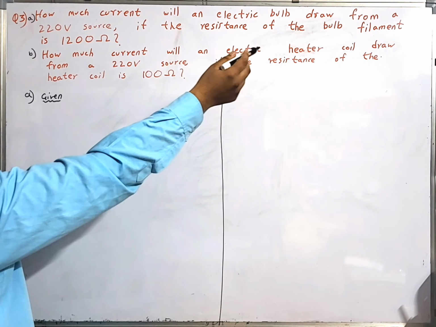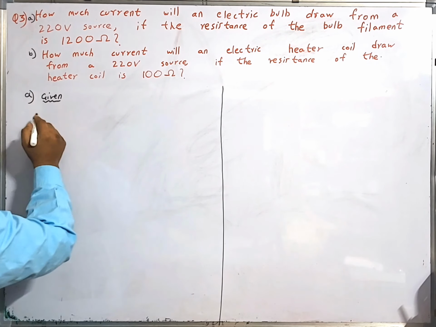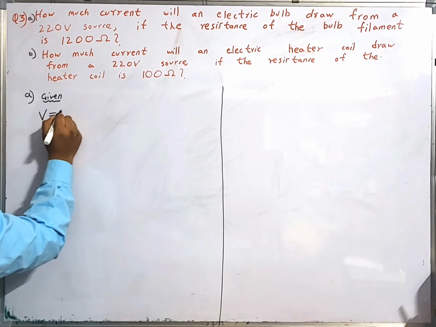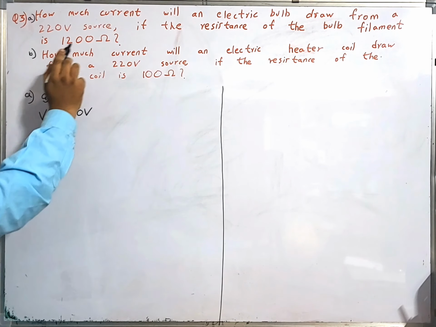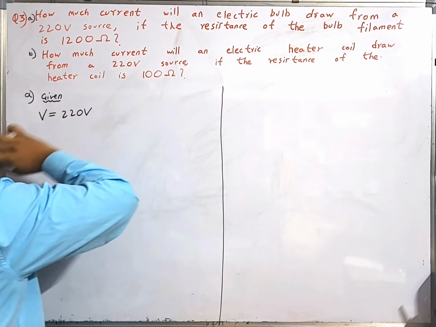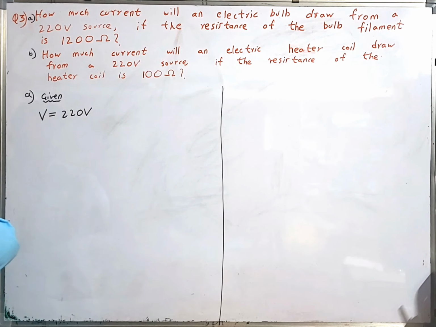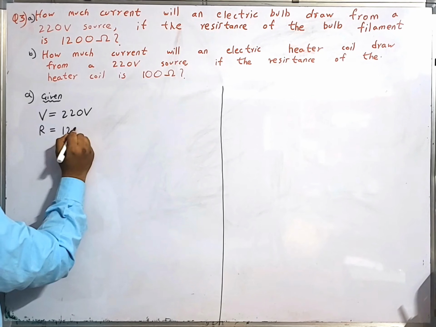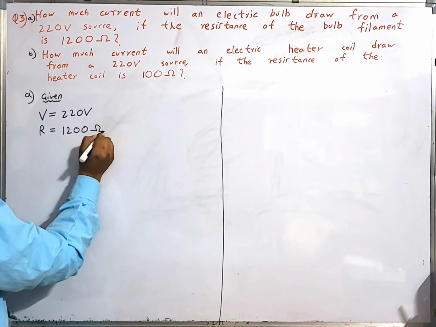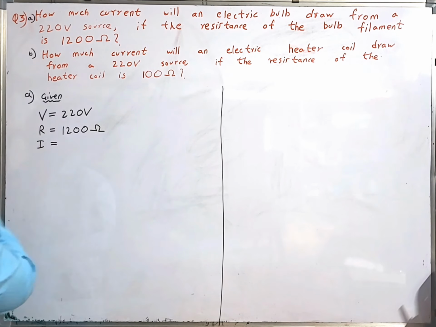So we have to find out I. From a 220 volt source, so potential difference is 220 volt. If the resistance of the bulb filament is 1200 ohm, so the resistance is 1200 ohm. We have to find out current.